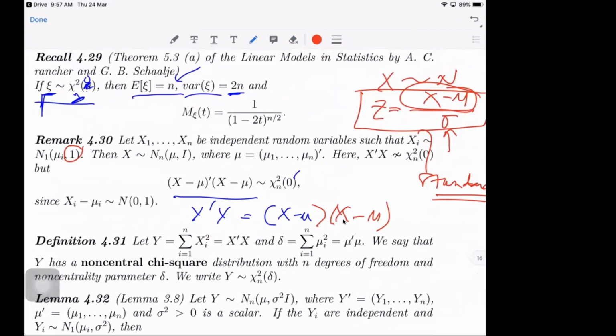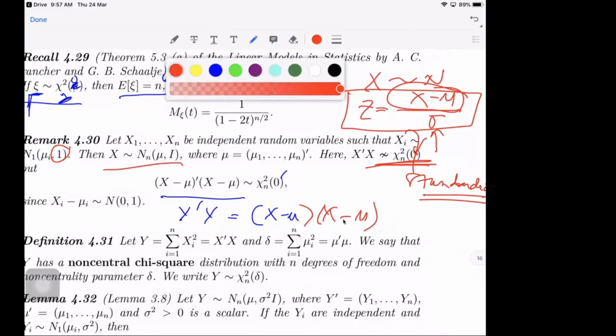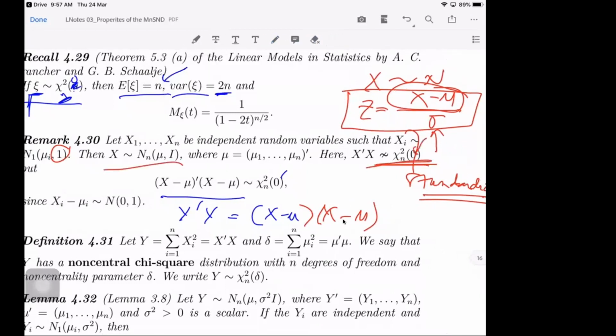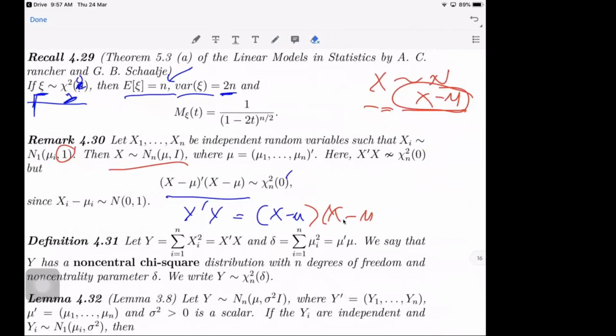But in general, it will not be a central chi-square if it's not standard normal. So in general, we call it non-central.